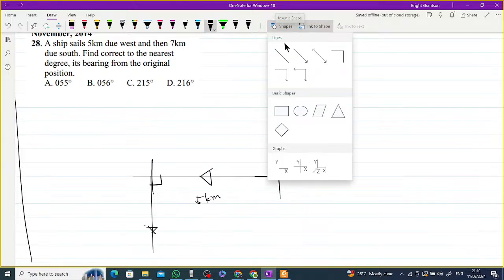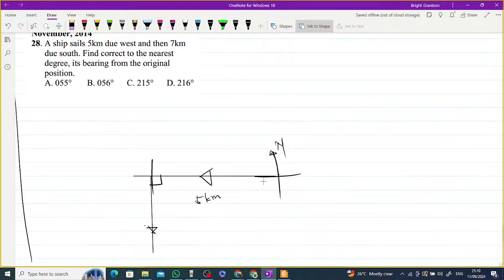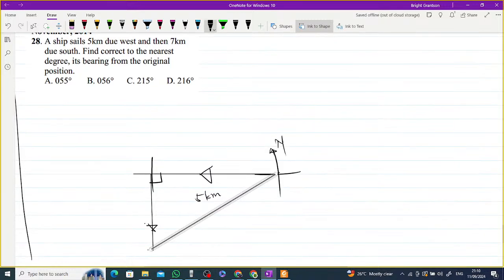So we should look for its bearing from the original position. So this is the original position, and this is the west, and this is the south. Right.